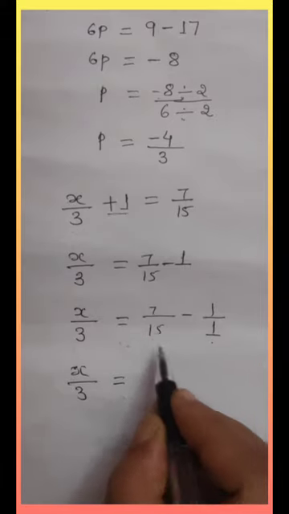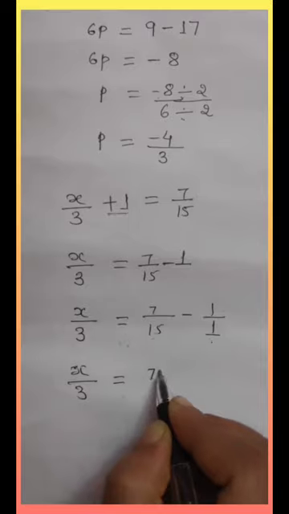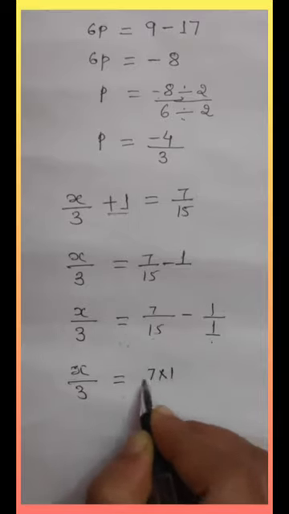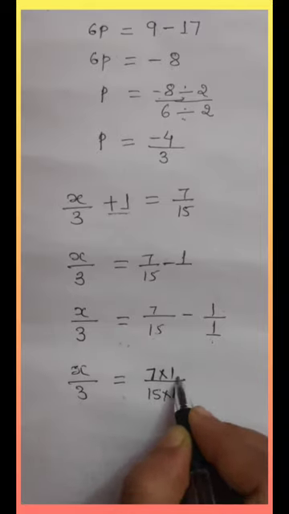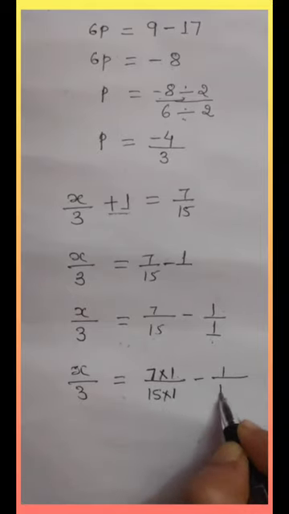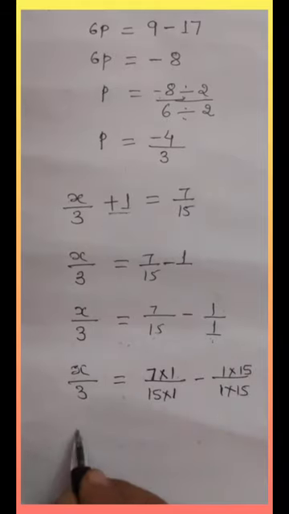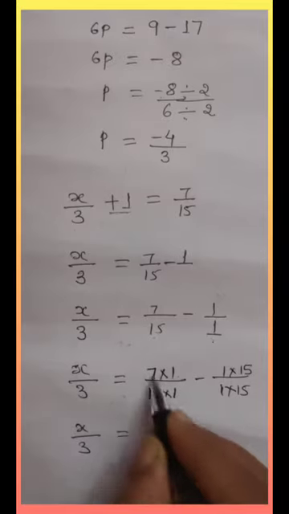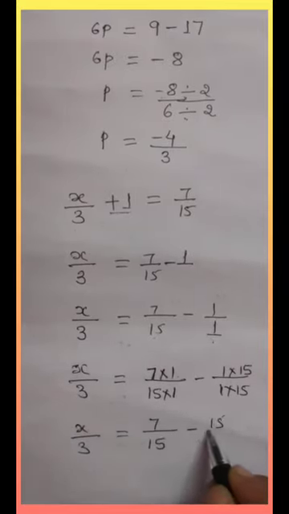Now in this case, the LCM of 15 and 1 is 15. So 7, in this case 15 has to be multiplied by 1. So 7 also will have to multiply by 1. Minus this number we take and multiply the denominator by 15, therefore numerator also by 15. So x upon 3 is equal to 7 times 1 is 7 upon 15 minus 1 times 15 is 15 upon 15.